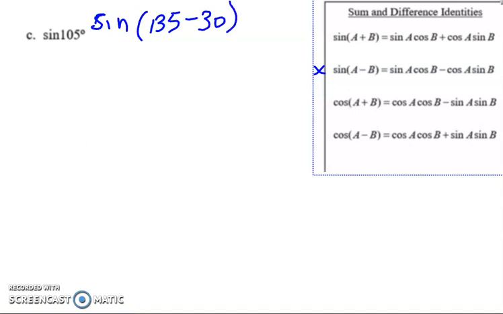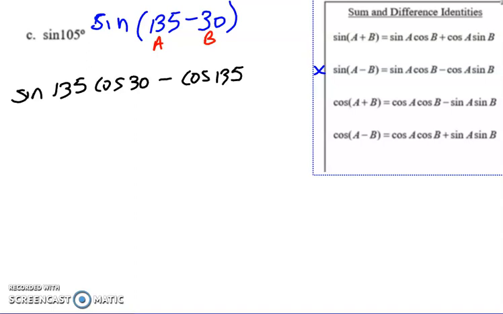So in this particular case, we'll let 135 be A and 30 be B. But again, with the sine, notice you're still going to do a difference. So we're going to have the sine of 135 times the cosine of 30 minus cosine of 135 times the sine of 30.